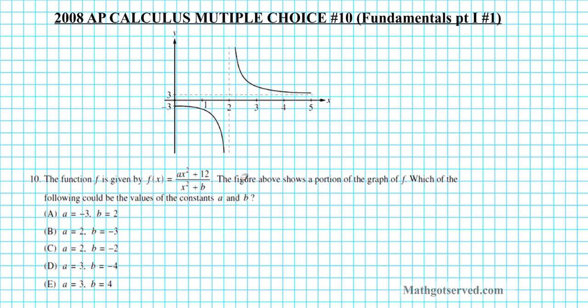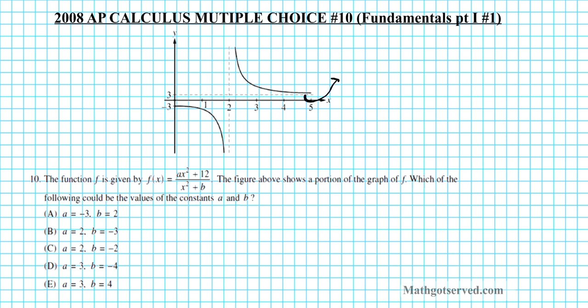These lines are called your asymptotes. Remember from pre-calculus, this is your vertical asymptote and this is your horizontal asymptote. So this problem is assessing our ability to find the equation of the vertical and horizontal asymptotes. Let's go ahead and label them.